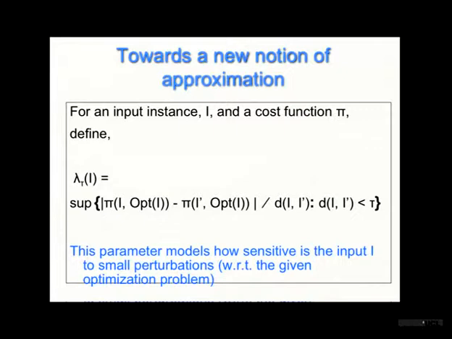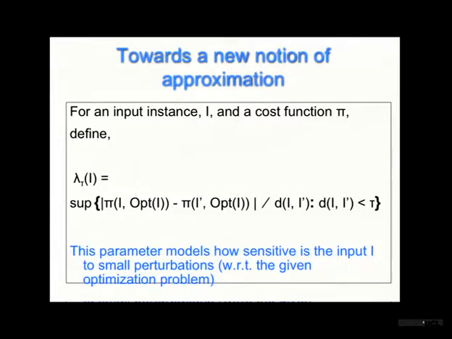I look at the optimum solution for I, but I look at its cost on I, and I look at its cost on I prime. I want to measure, if I perturb I and get a new instance I prime, I want that the solution that was optimum for I will still be close to optimum for I prime.